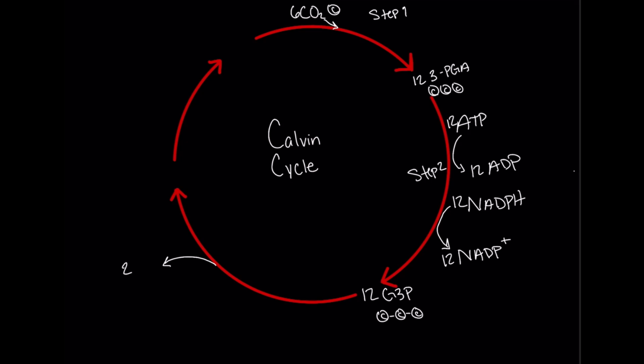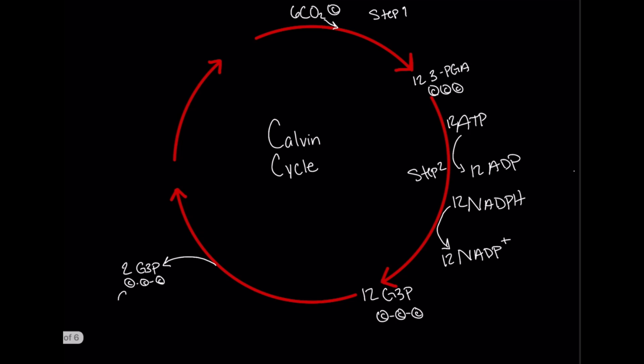So 2 G3P, and as we have known before, there are 3 carbon molecules. And these G3P molecules are going to be used for the production of glucose and other organic compounds like fructose and starch.